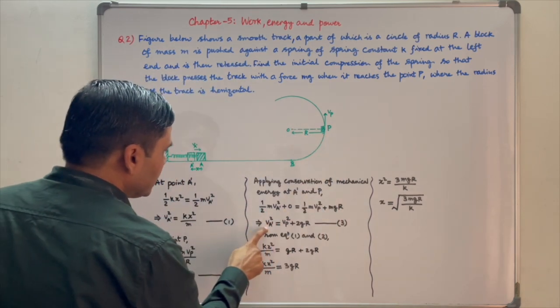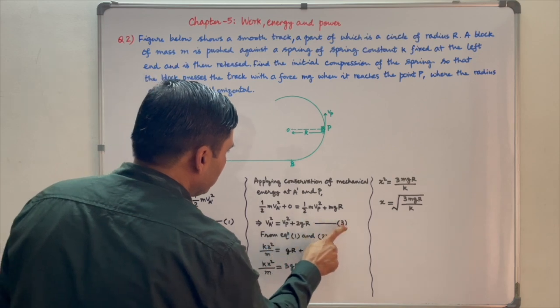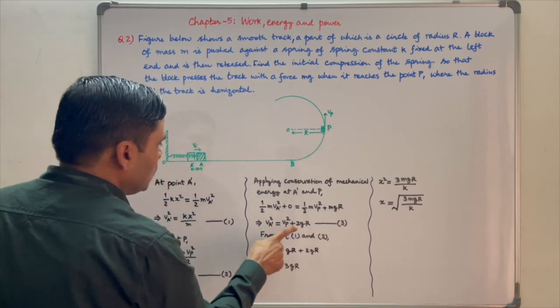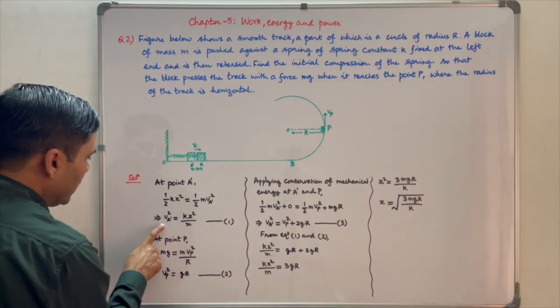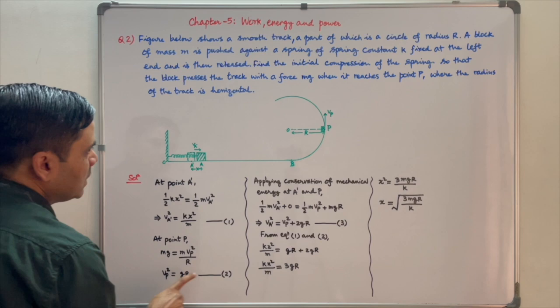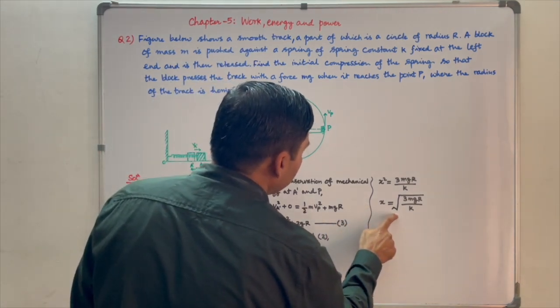This gives Va dash square is equal to Vp square plus 2gr. Suppose this is equation number 3. We can put the values of Va dash square and Vp square from equation number 1 and 2. This gives x is equal to under root 3 mg r upon k.